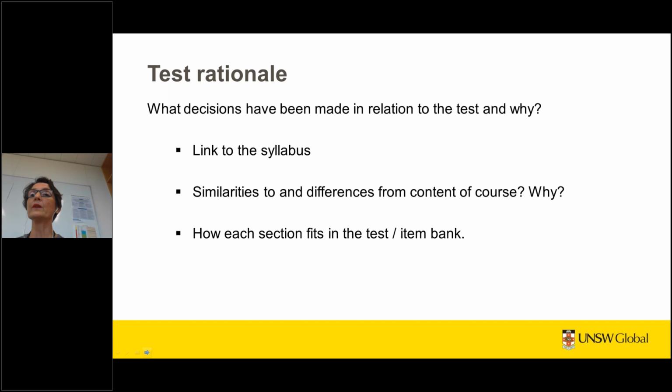Why are we not testing the whole content of the course? Or why have we chosen this to test and not that? Maybe because we test that in a different place or at a different time, or we think that it's too difficult to test, so we're not going to do that. And then we need to document how each section fits into the test and then fits into the item bank.